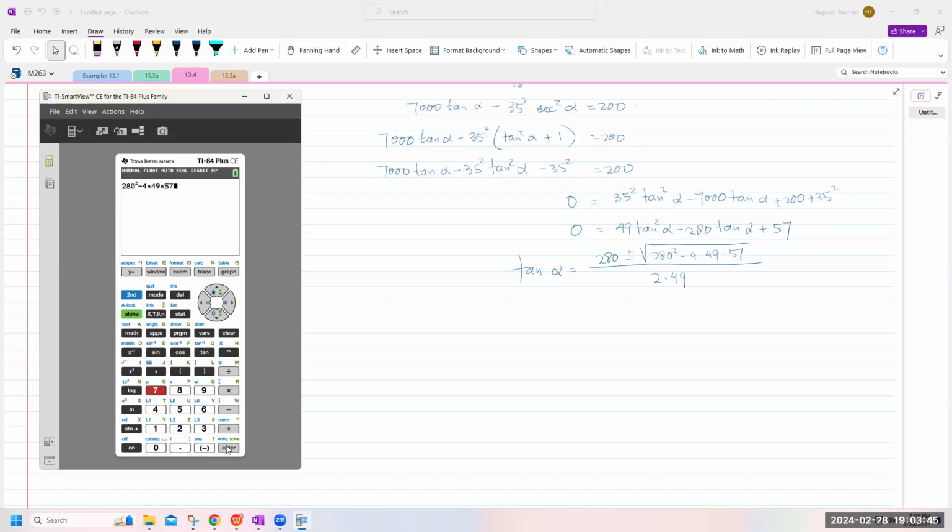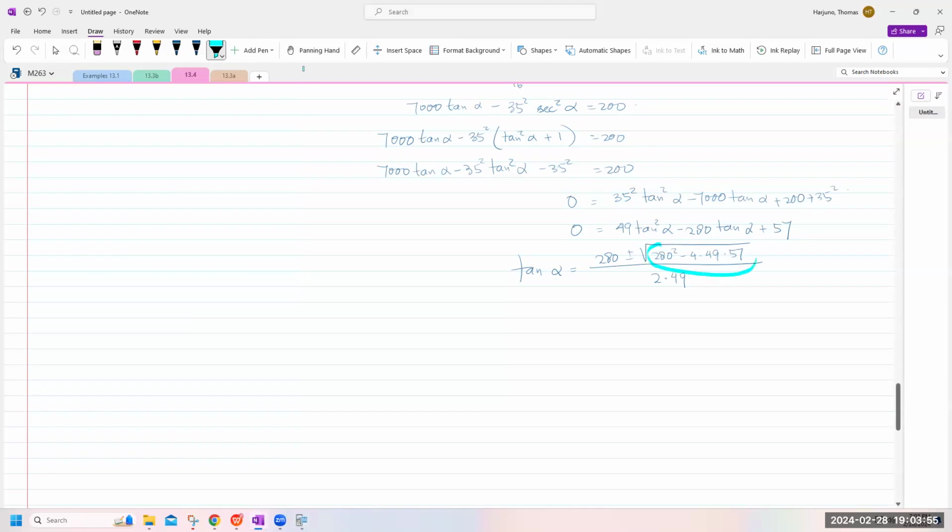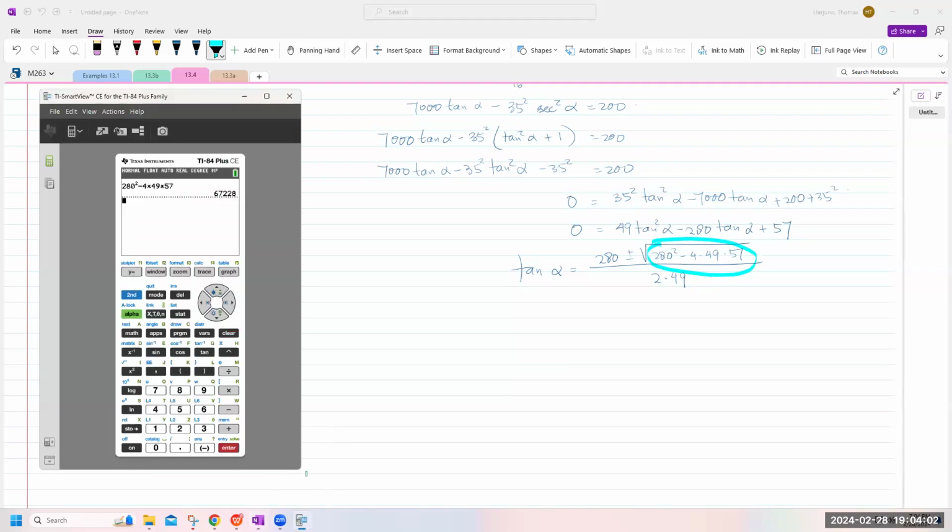By the way, if you find that the discriminant is negative here, it means there's no way you can shoot that target. If you have a negative value inside the square root, whatever the angle, you will not be able to shoot the target. It's outside of your reach.